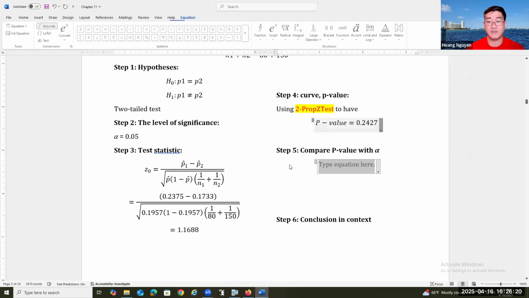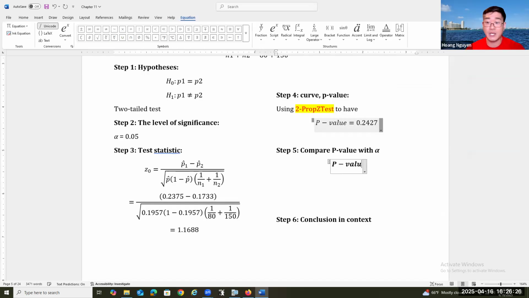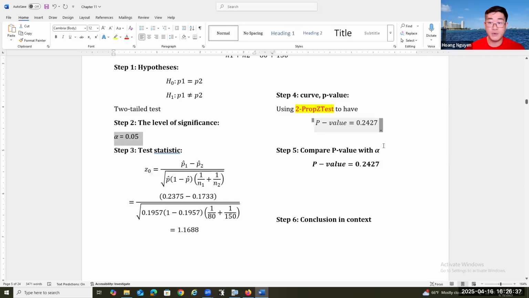Now, after we got the answer for the p-value, we're going to move on to step number 5. Compare the p-value and alpha to get the conclusion, right? The decision of reject or fail to reject. So the p-value is equal to 0.2427. And then alpha from step number 2, we have alpha is equal to 0.05.